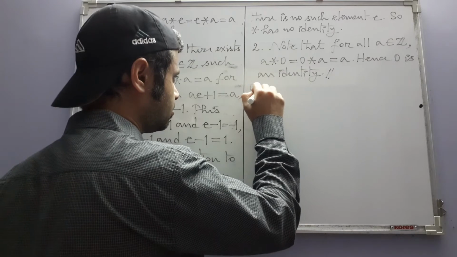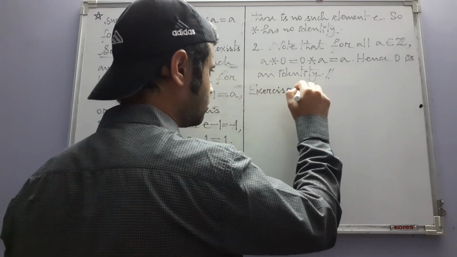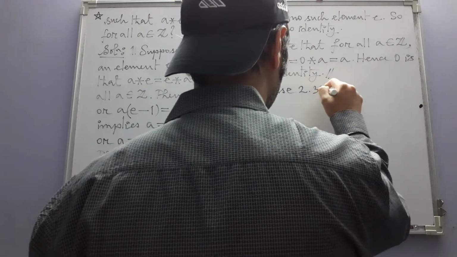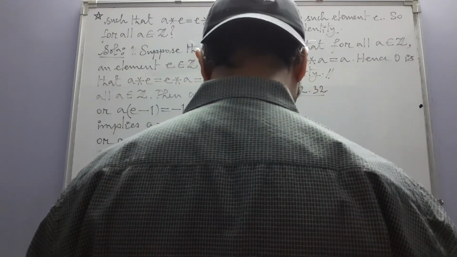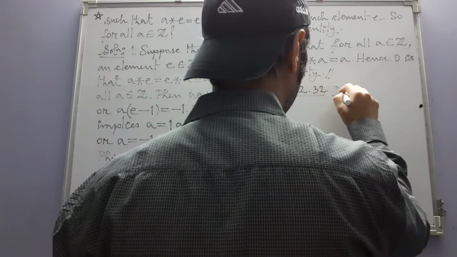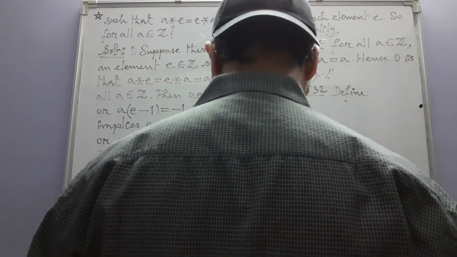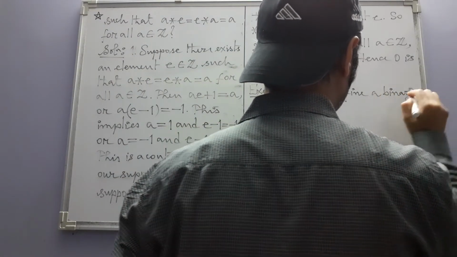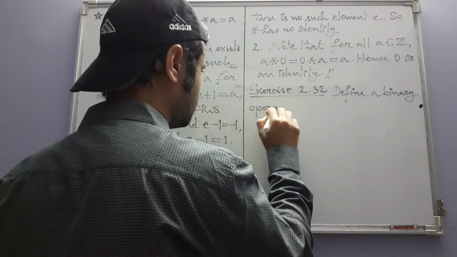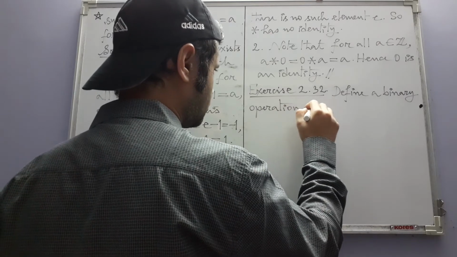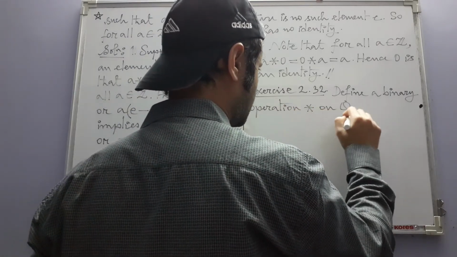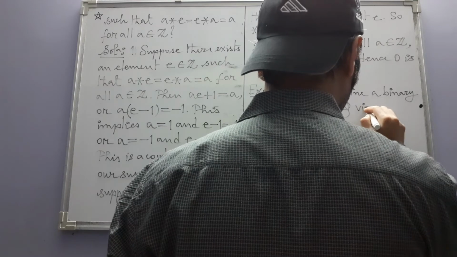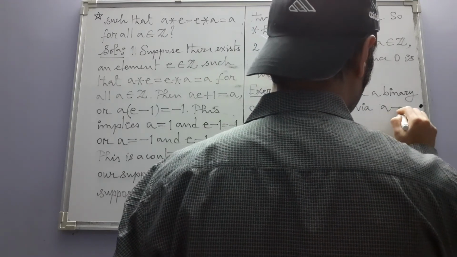And there is one more. Define a binary operation star on the set of rational numbers Q via this formula.